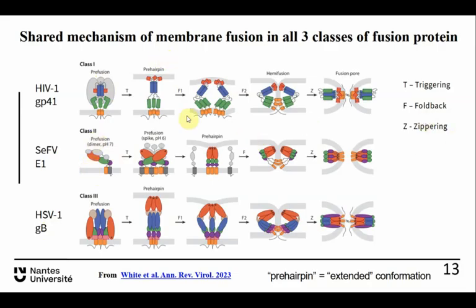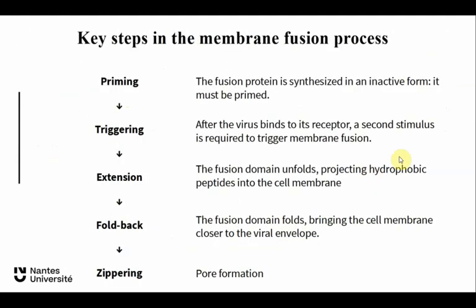Then there's going to be some kind of triggering event which causes it to extend, going to an extended conformation. And this extended conformation is unstable, it folds back, and then the zippering is what's going to allow the pore to form. So all of these different fusion domains work in the same way, and there's a common framework for how they function.